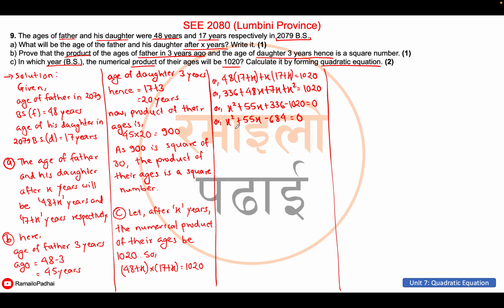Here I want two numbers that have difference of 55 and product of 684. So 60 times 5, that is 300. Am I missing something?